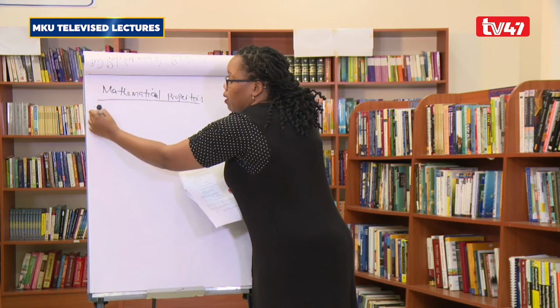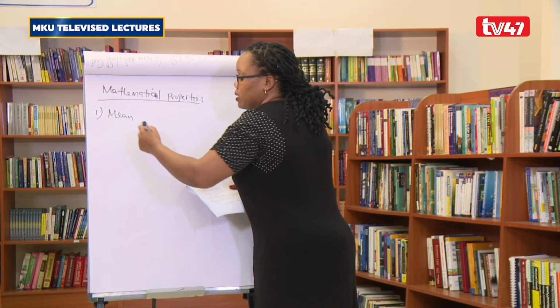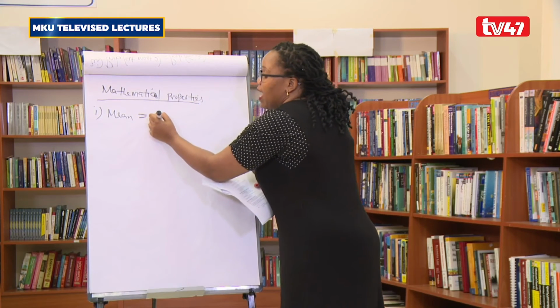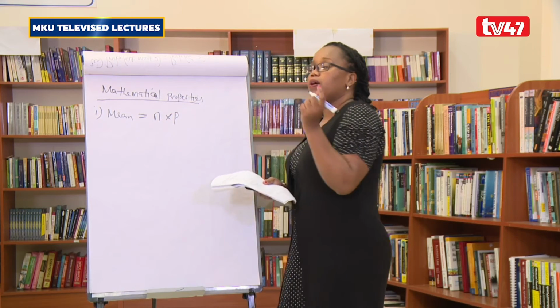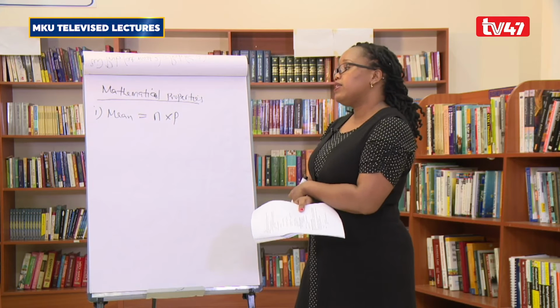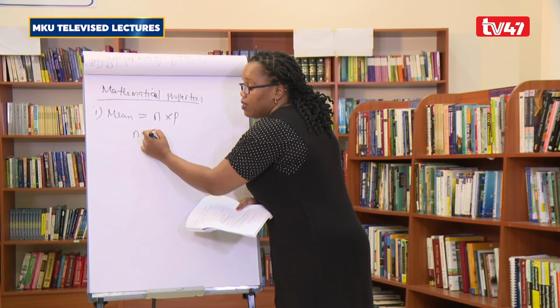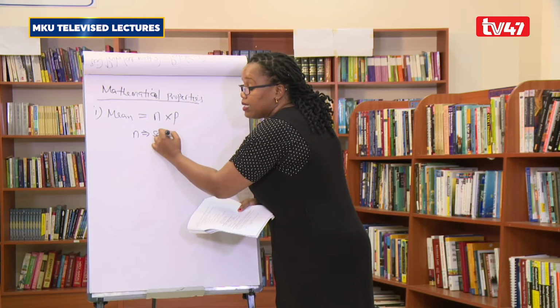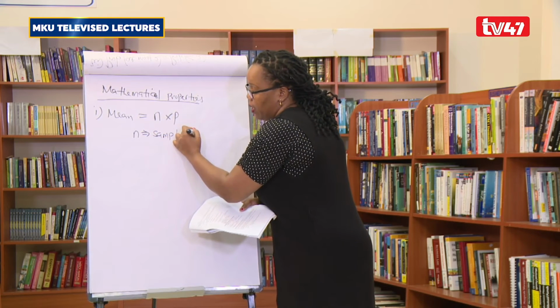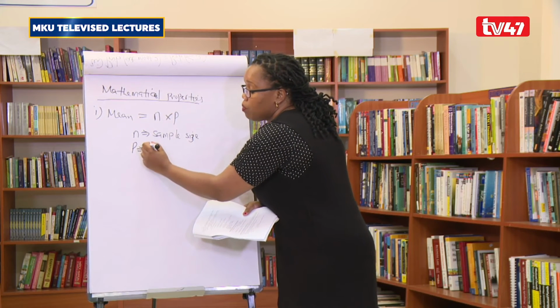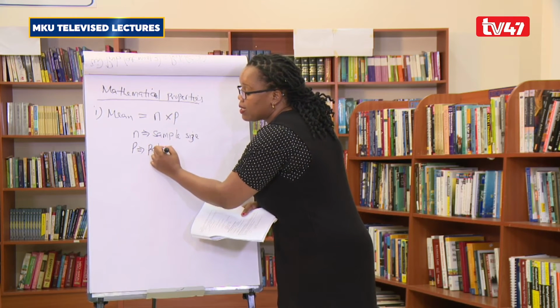the first one is the mean, which is the same as the expected value, and would be given by n times p. Now, if you remember well, our description of n was, n is what? Yes, the sample size. Okay, and p was what? p was the probability of success.